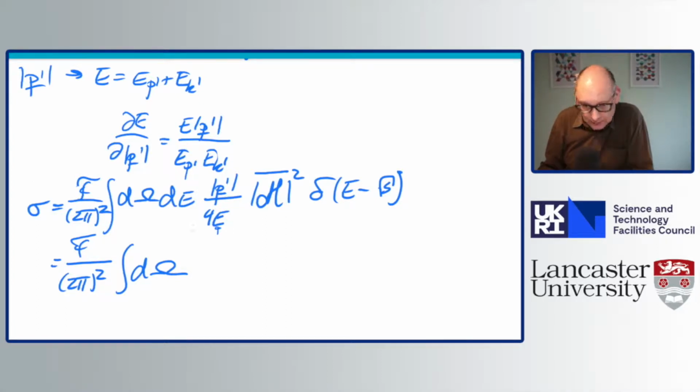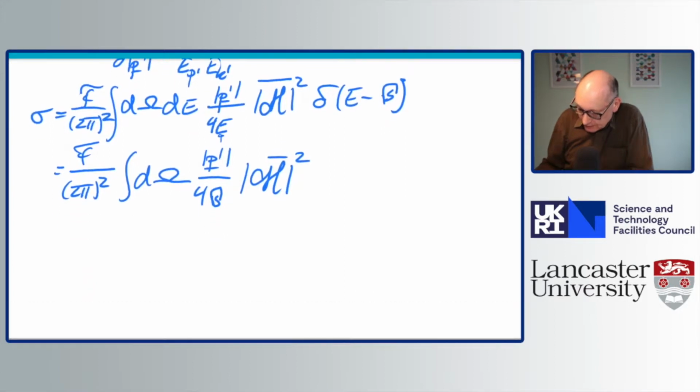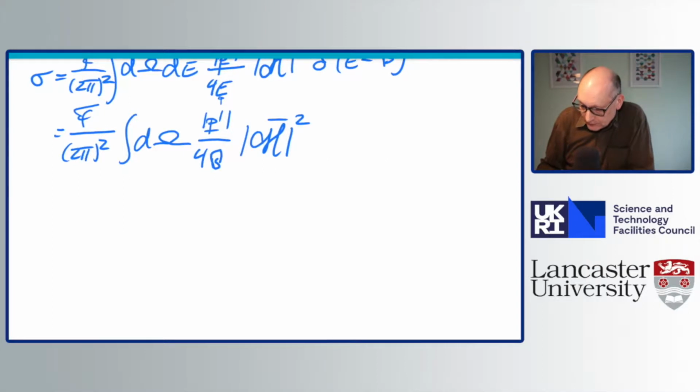So we've got a P divided by 4 square root s, and the spin summed average matrix element. Understanding here, of course, that the incoming states are determined by the outgoing states by energy and momentum conservation.